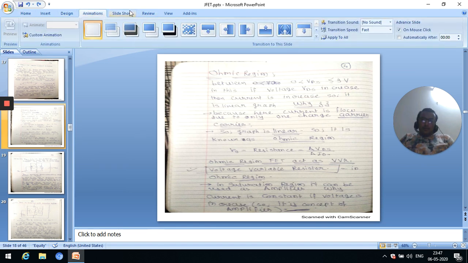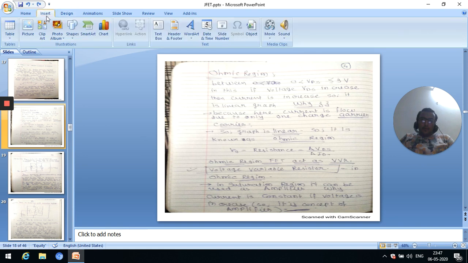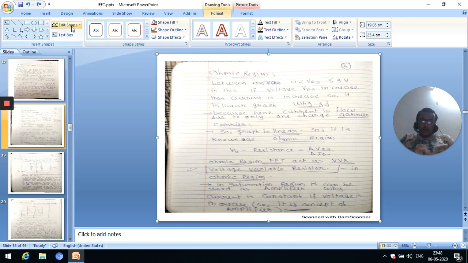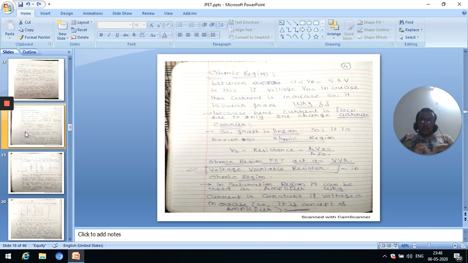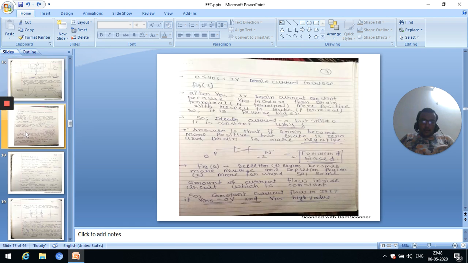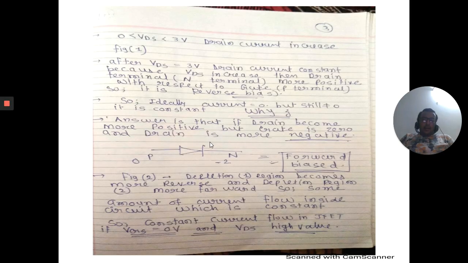I have introduced the text box, so you have to analyze the point. Try to understand this. This is known as drain is more negative. Sorry, source is more negative.